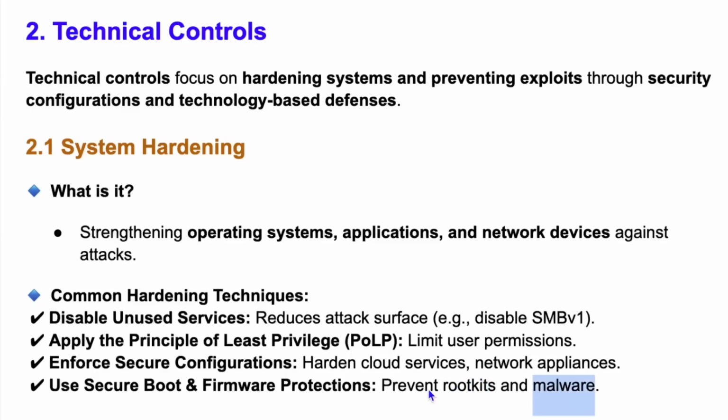Same thing for malware, just preventing these things from actually going through. So secure boot is a pretty basic feature that comes with pretty much every operating system, every machine, and it's your choice to use it or not use it. So the recommendation would be to use it, especially if it's a critical system that is housing a lot of data that's very important to the company. You would use secure boot on that specific machine.